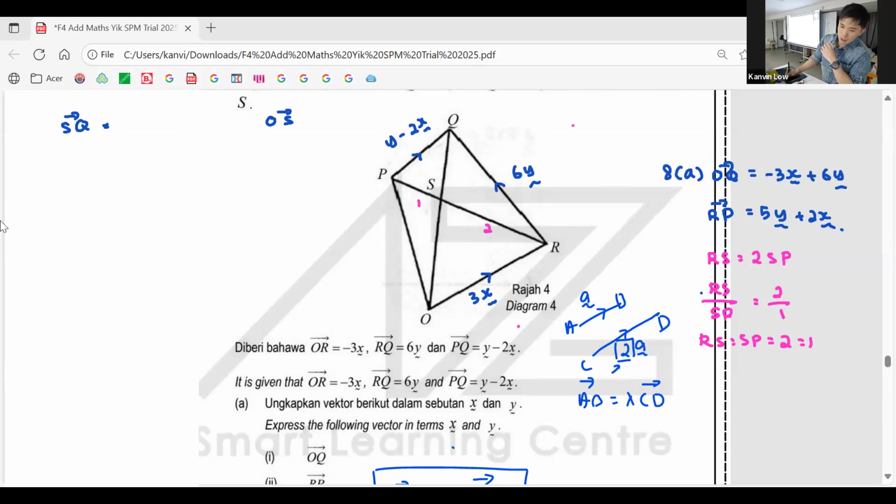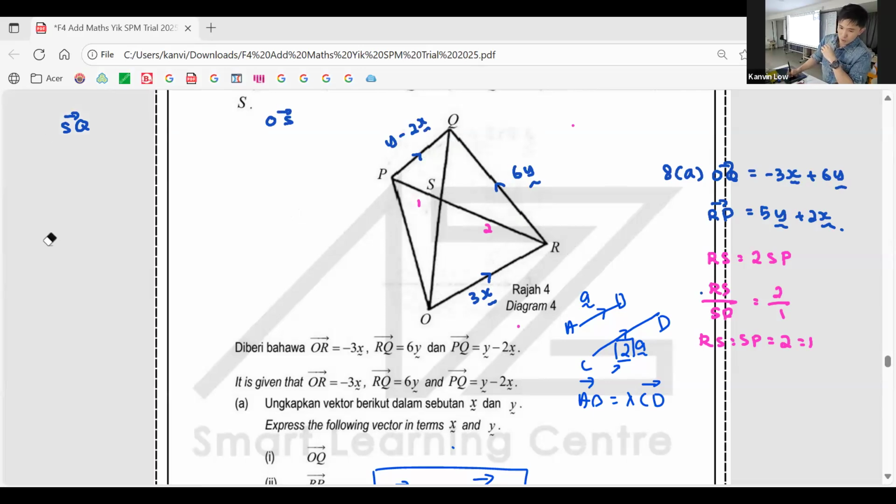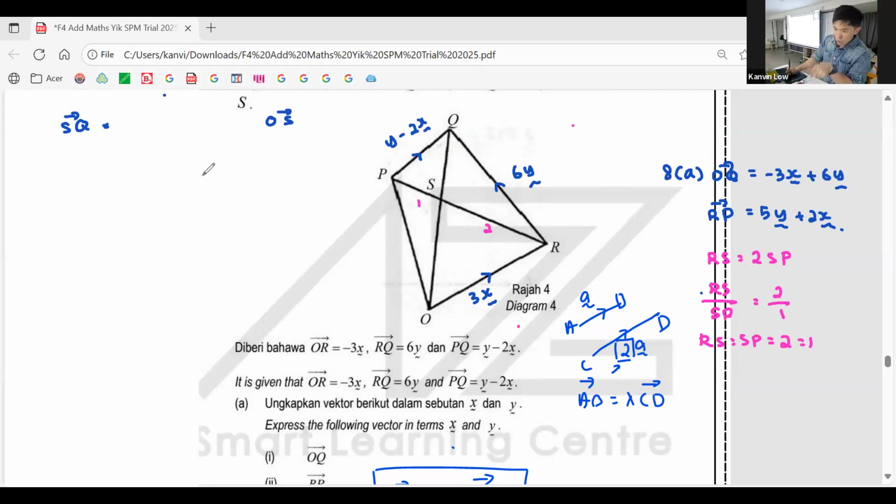So students, now SR. How do I find the SQ? SQ, I can go for SR plus RQ. Okay. So students, now SR we know, guys.